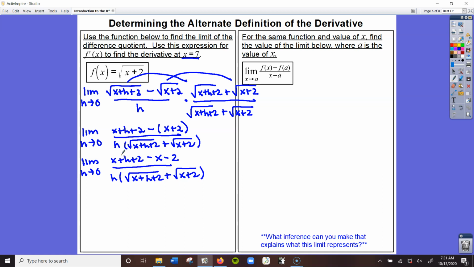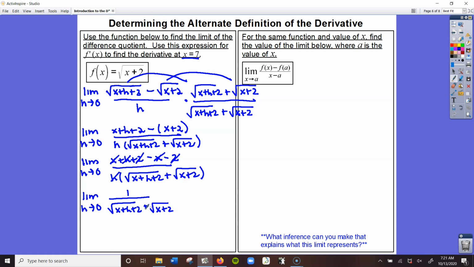In the numerator, I can see that the x's cancel and the 2's also cancel. And so all that's left in the numerator is this h. But I can cancel that h with the h in the denominator. So since there's nothing left in the numerator, that's a 1. So the limit as h is approaching 0, we would have 1 all over the square root of x plus h plus 2 plus the square root of x plus 2.